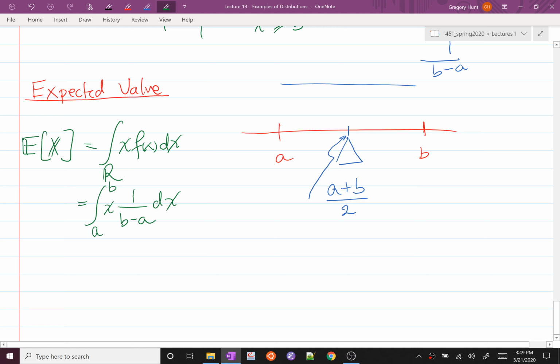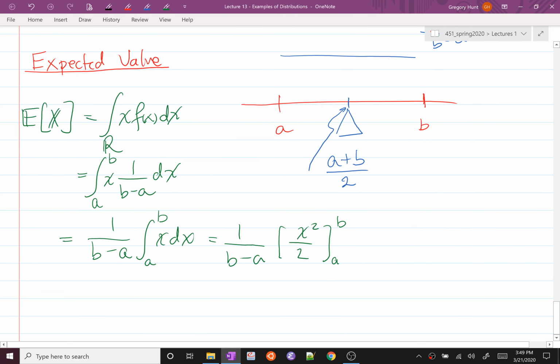So that's my integral from a to b of x times 1 over b minus a dx. This is a really easy calc 1 problem. Pull that out: 1 over b minus a times the integral from a to b of x dx. And what do I get? I get x squared over 2, evaluated from a to b.